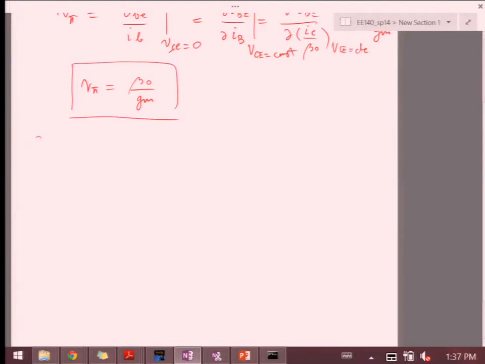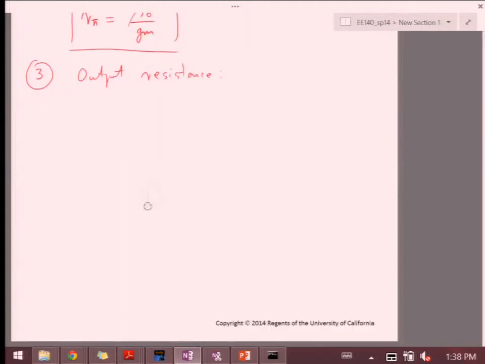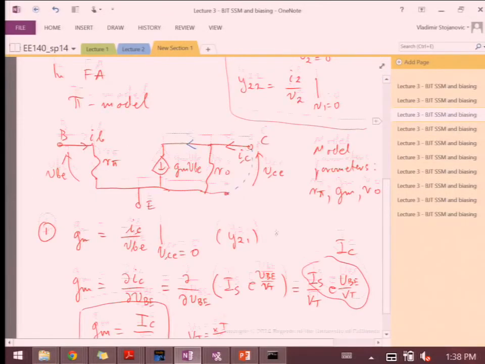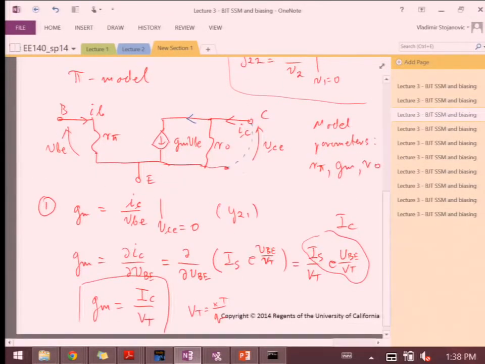The third one, we're going to look at the output resistance. And again, if you take a look at the previous plot, if I want to extract R naught, I'm applying a test current at IC, and then I need to kill this current source so that all the current that goes from whatever the test voltage source here is goes through R naught, and does not go through this current source.